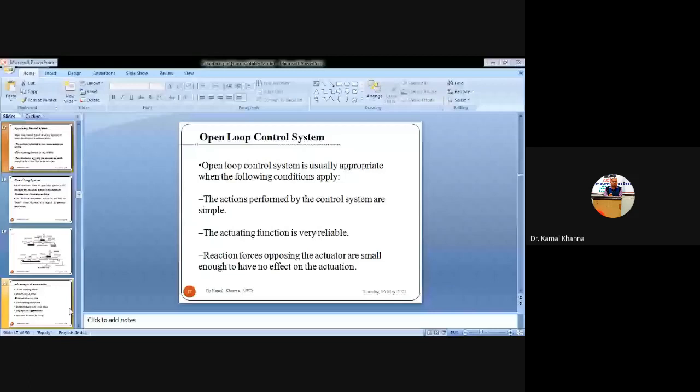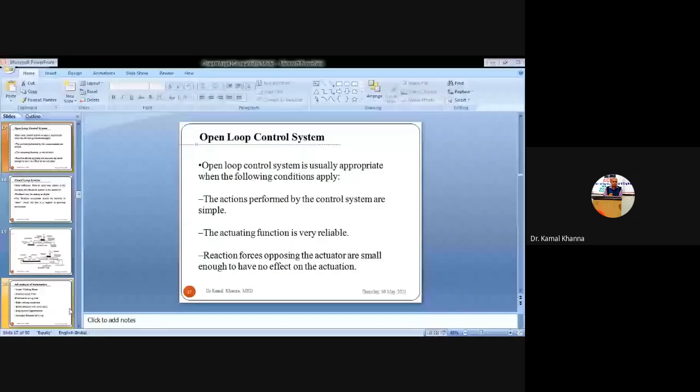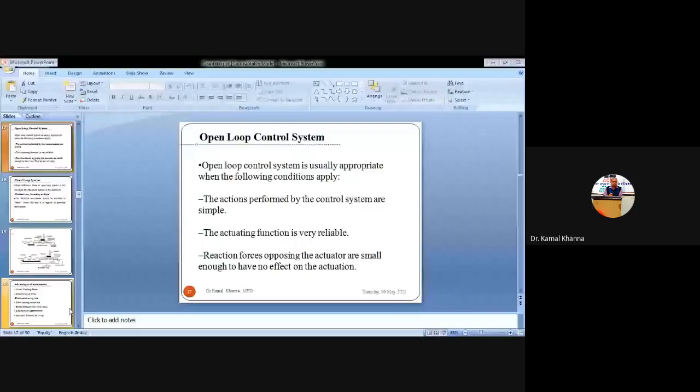In the case of open loop control systems, you assume that all the operations and controls are performed reliably and accurately by that worker, and all the actions performed by the machine are very simple. They are not so complex that they cannot be read or judged by a skilled or unskilled worker.